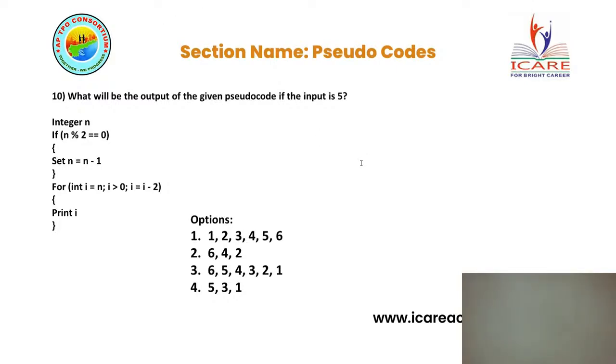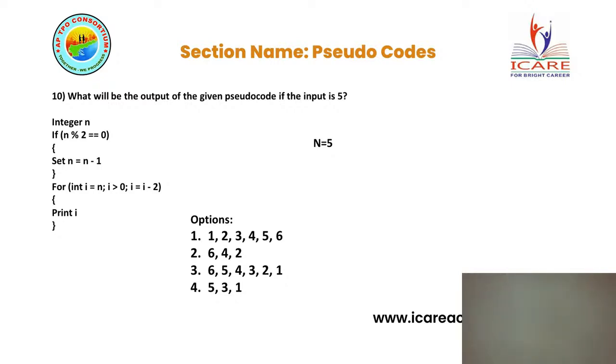So here integer n. The input is 5, so directly we can take n equal to 5. If n modulo 2 is equal to 0, 5 modulo 2 is value 1. So it's not equal to 0. So the if condition will not execute, and the for loop.